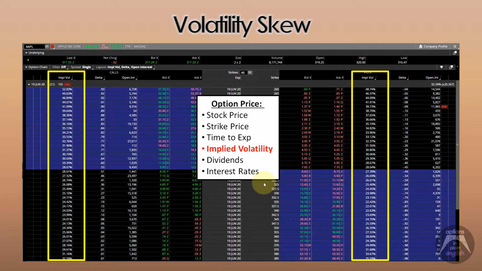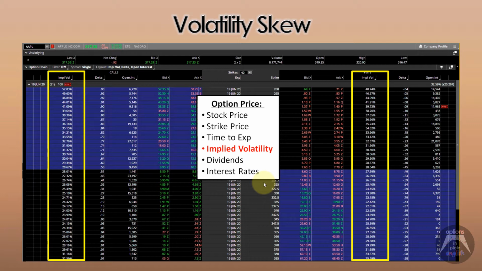If we were to consider the volatilities for different expirations, that is called horizontal skew, or it's also called term structure. So it's the term structure of volatility. If we put the volatility skew and the term structure together, then we have what is called a volatility surface, which is all the different volatilities for all the different options that exist for a certain underlying.